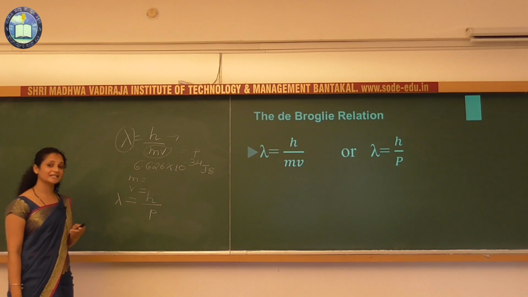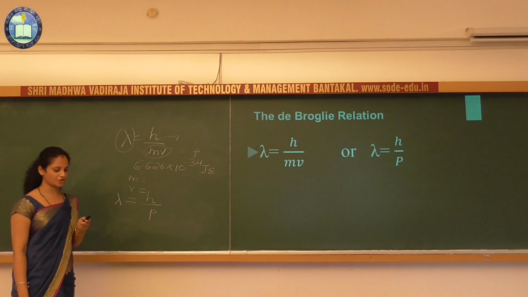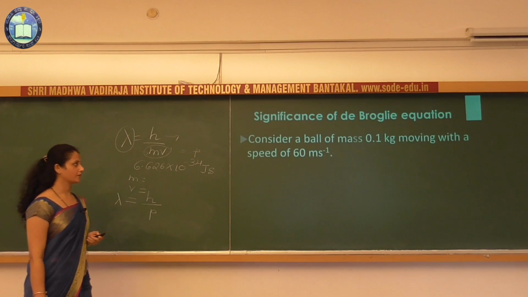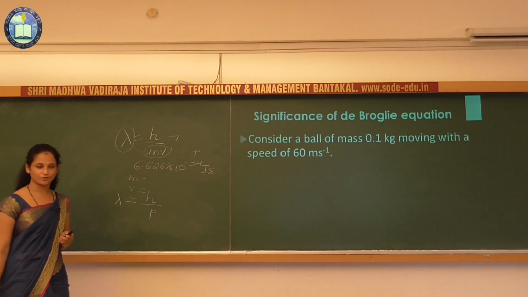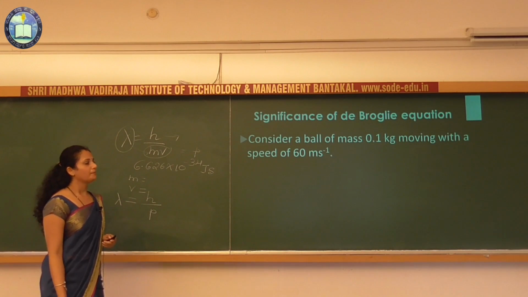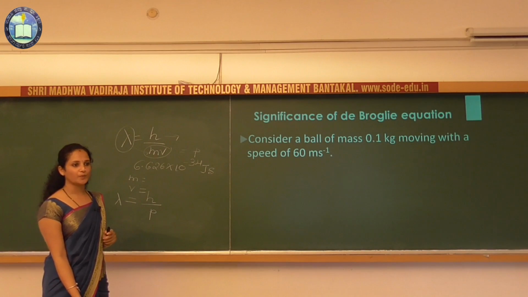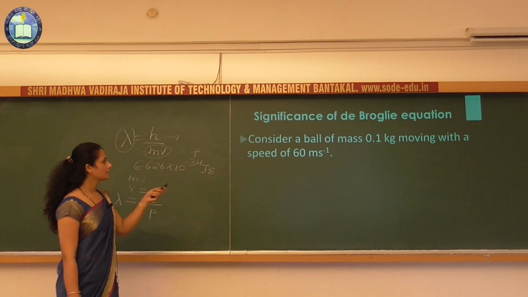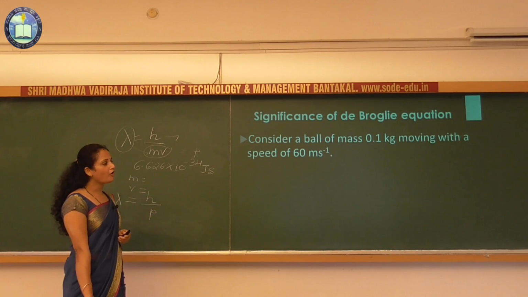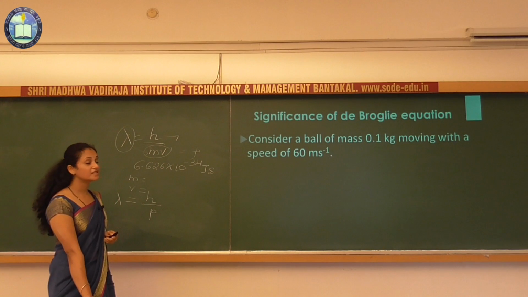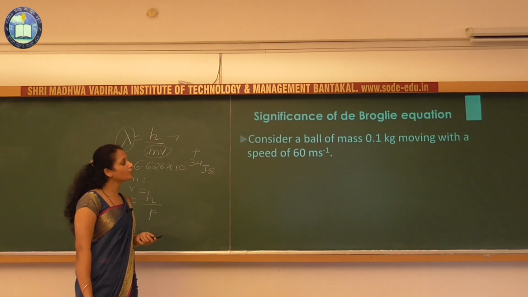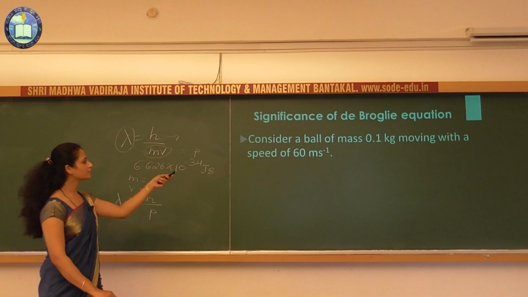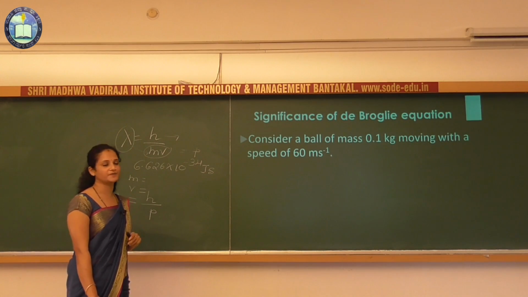Let me discuss the significance of de Broglie's relation. For this, I will take two examples, a macroscopic as well as a microscopic object, and compare. Consider a ball of mass 0.1 kg moving with a speed of 60 meter per second. So the ball here is a macroscopic object.